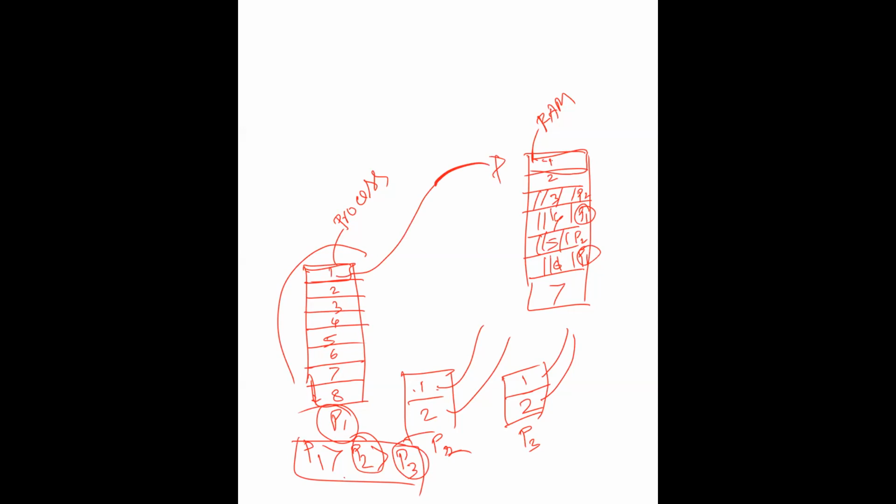There are 7 frames in total, so it will take all 7 because its priority is high. So pages 1 through 7 are allocated to P1, and all 7 frames are now for process P1.